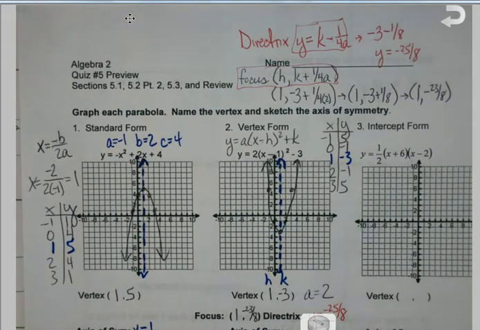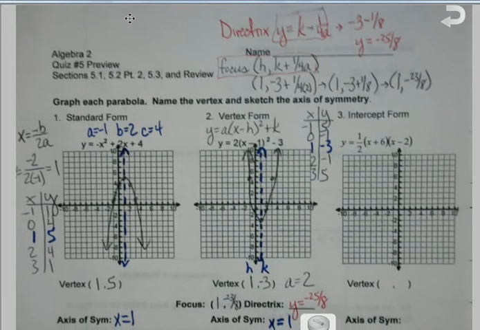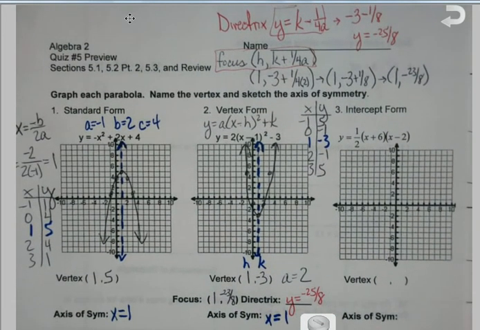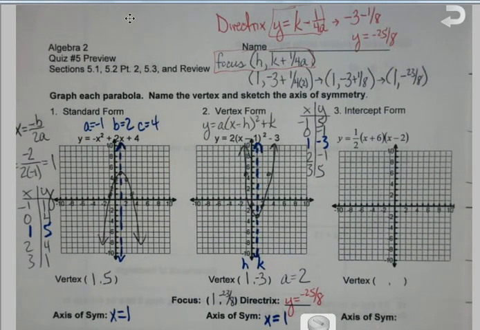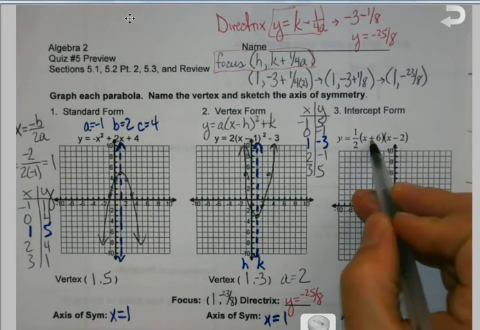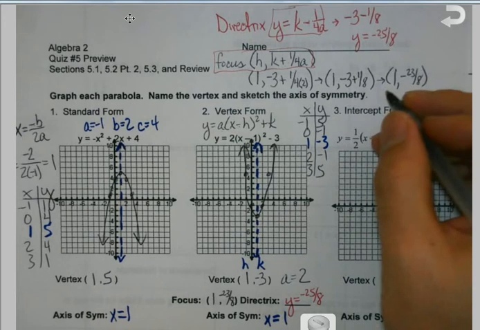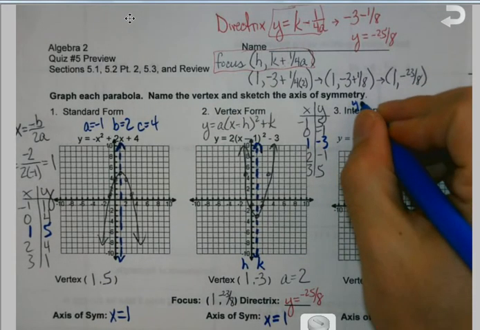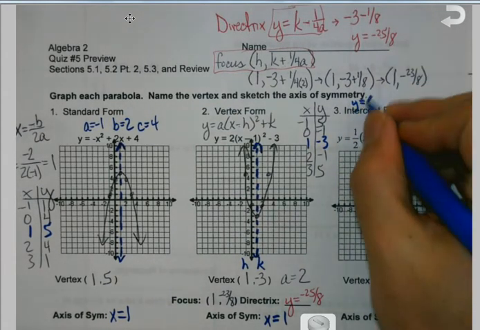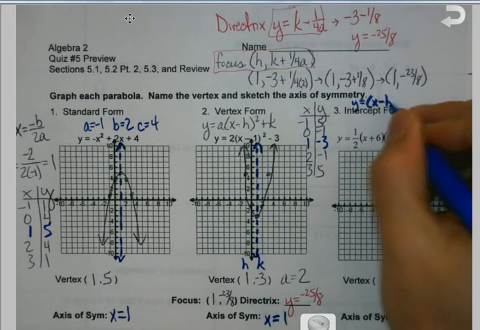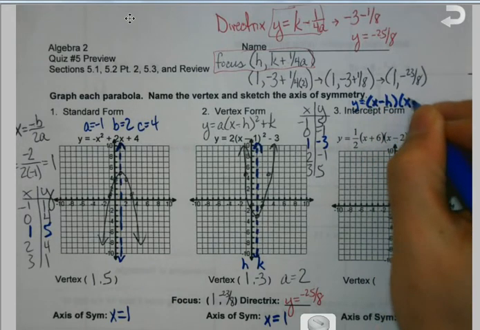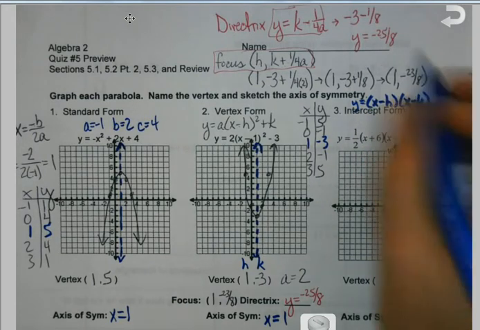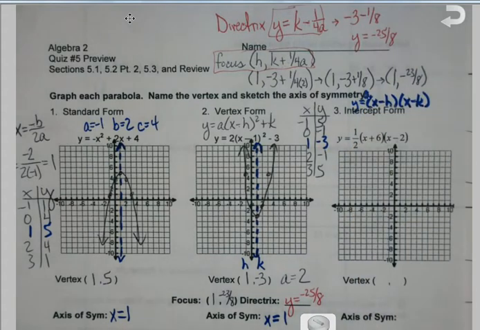Then to our last form, move this back up, our intercept form. Again, to find my intercepts, I just do opposites on both of these, because my intercept form, if I were to write it out, oops, I forgot my a here in the front.